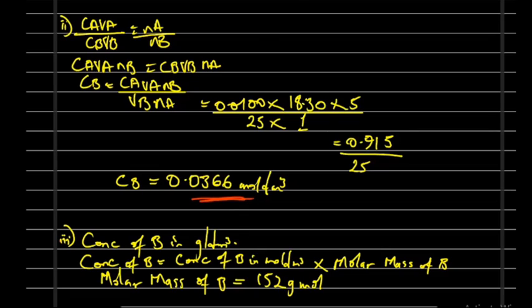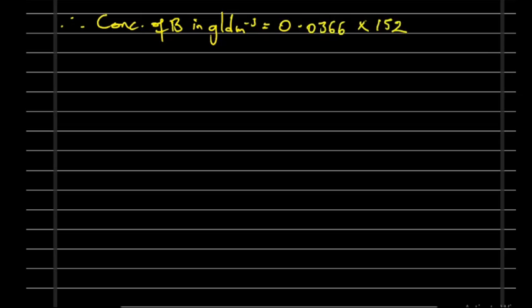Hence, therefore, we have our concentration of B in grams per dm cube equals 0.0366 times 152, and we are having it to be 5.563.